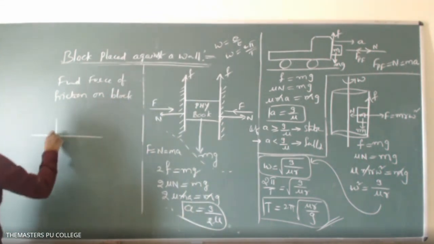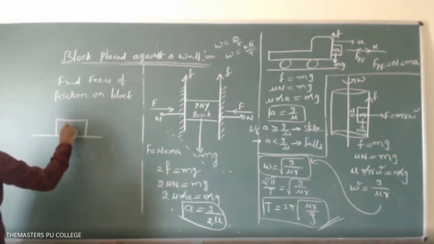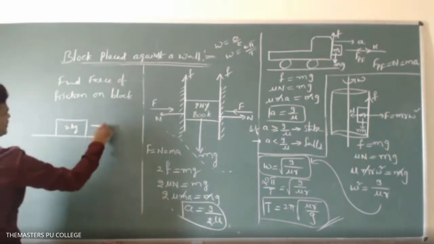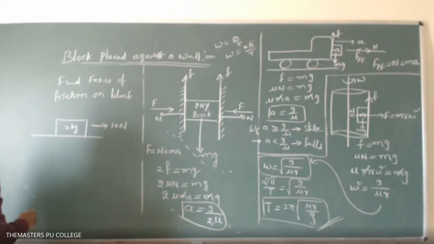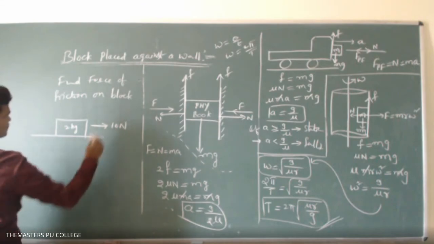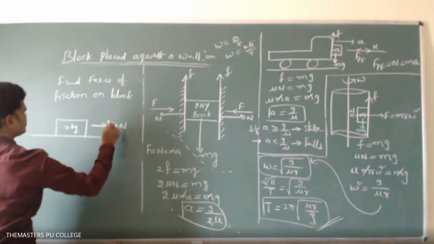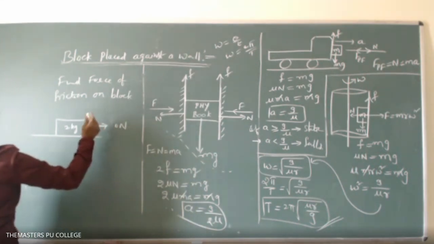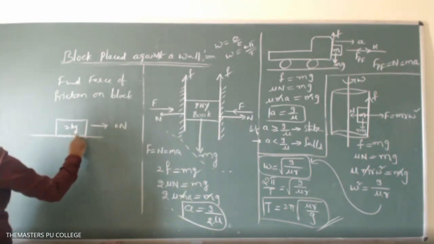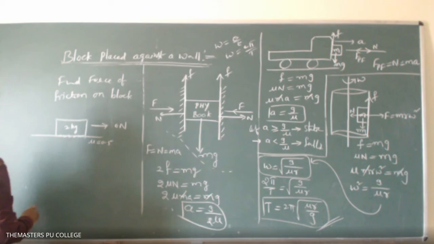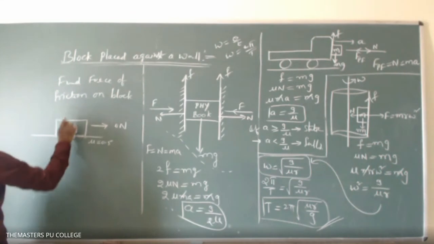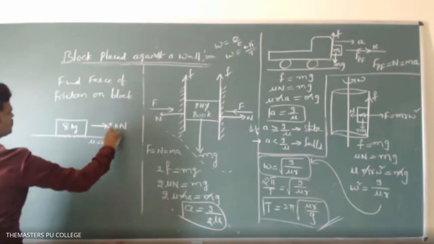Take mu as 0.5. The block is 8 kg, and it is pulled with 20 Newton.